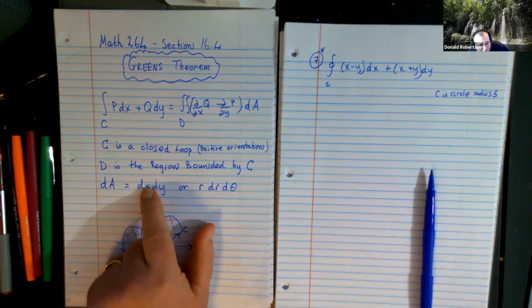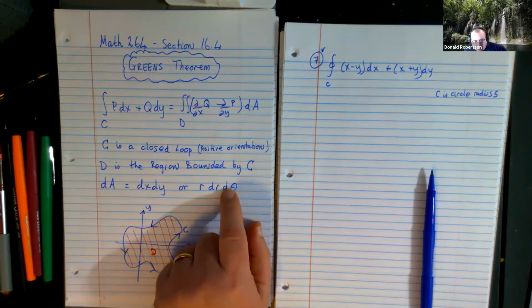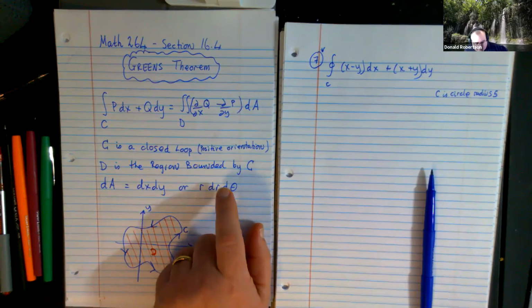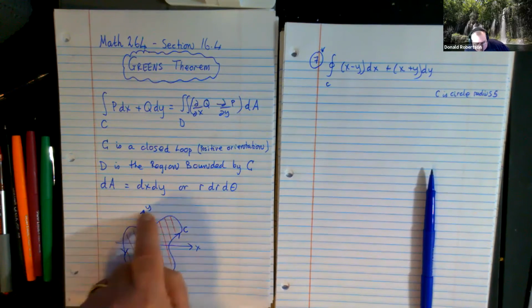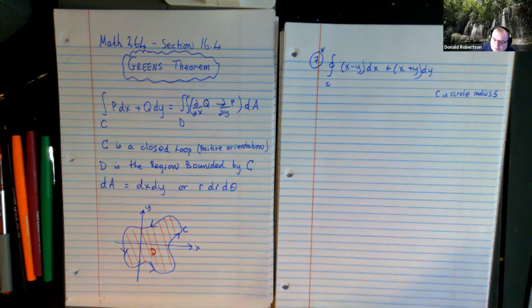You're either going to do the dx dy or dy dx, depending on what makes more sense to you. And sometimes you'll do polar. You will do polar if the curve C, or the region D, whichever way you want to look at it, is circular in some way. So here's an example of that question.